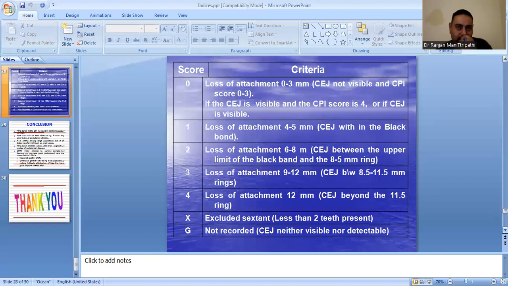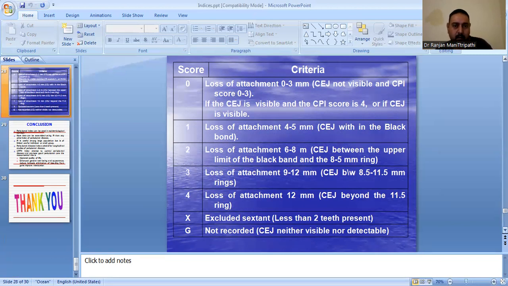Criteria for loss of attachment: 0 means loss of attachment of 0 to 3 mm, that is the CEJ is not visible and the CPI score is 0 to 3. If the CEJ is visible, the CPI score is 4. Loss of attachment of 4 to 5 mm, with the CEJ within the black band, is score 1.